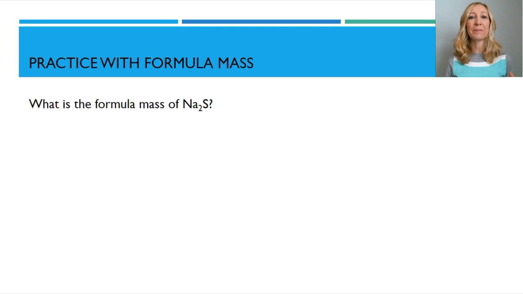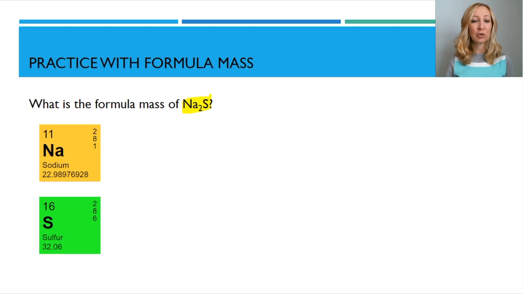So here's a practice problem. What is the formula mass of sodium sulfide? Now in sodium sulfide, we have 2 atoms of sodium, and each atom of sodium has a mass of 22.989766928. In this periodic table, it gives you lots of places past the decimal, but in my videos, I round to the nearest 100th place.